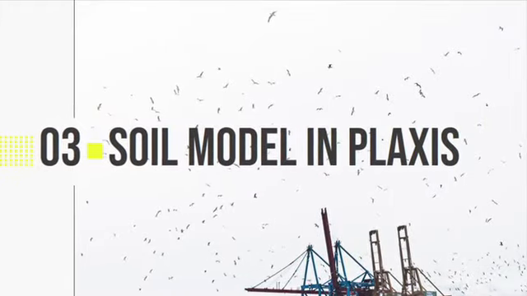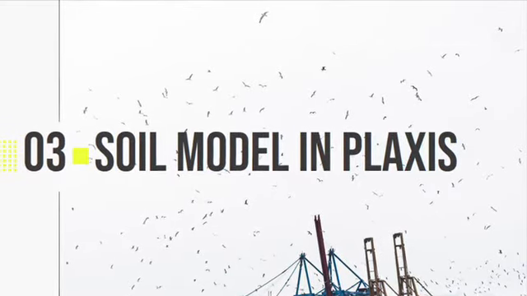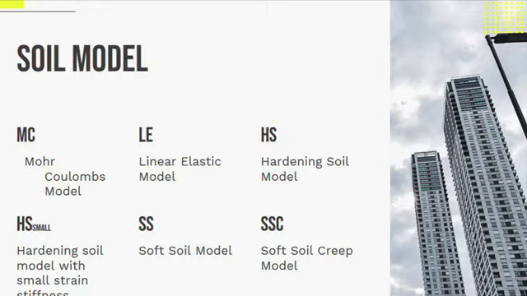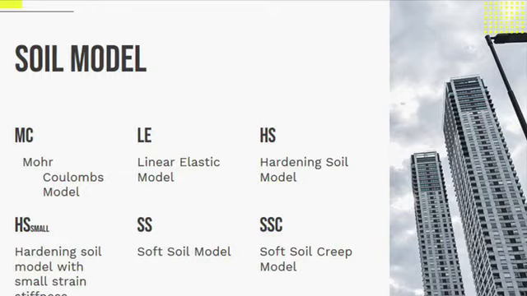Okay, here are the soil models in Plaxis that we need to choose before we do the design. For the first one is the Mohr-Coulomb model, MC model, which represents the first order approximation of soil or rock behavior.